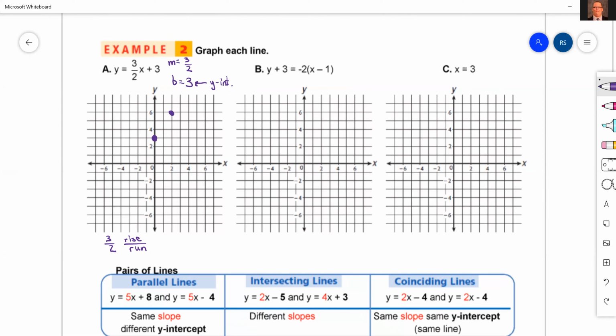I'll always go over to the right till I run out of room. Then I've got to go down 3, left 2. That way I get a good idea of how my graph looks. And then try to draw a straight line.